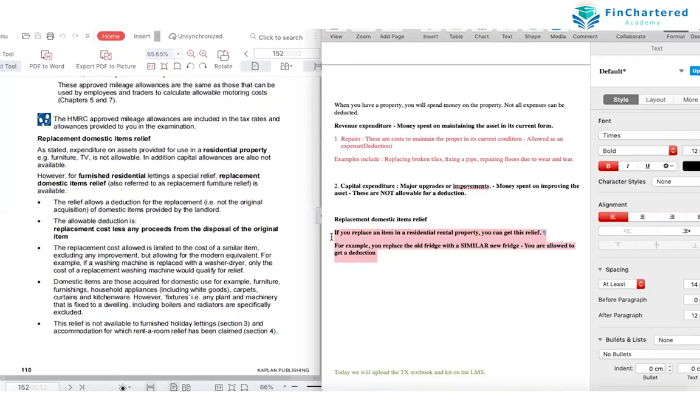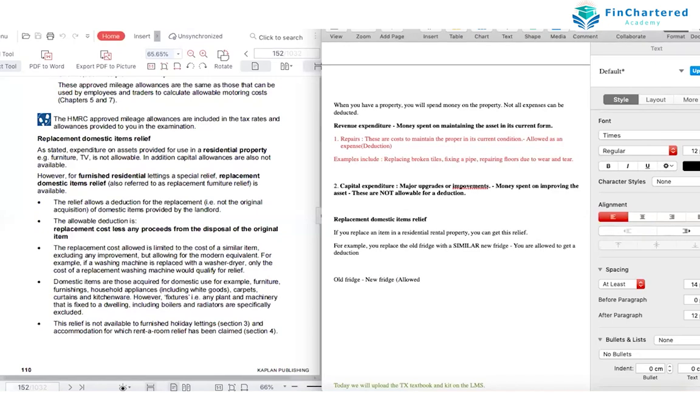Remember, the important word is similar item. It should not be an improved item. If you are replacing your old fridge with a new fridge, yes, it is allowed. But if the old fridge is replaced with a new sophisticated smart fridge, then there's a problem. This will not be allowed.